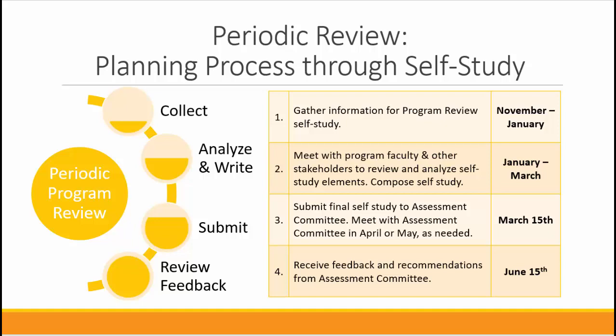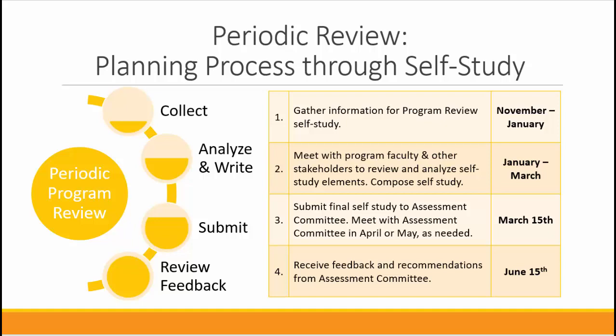What has gone well in the program? What improvements, changes to assignments, changes to the curriculum do you want to recommend as part of the program? And then use the self-study to map out a strategic vision for the program over the coming 5 years. That process should be taking place from January through March. The final self-study will come due on March 15th.